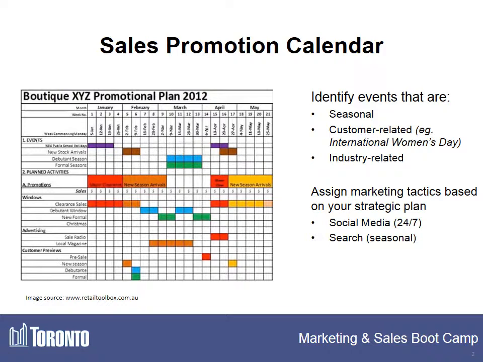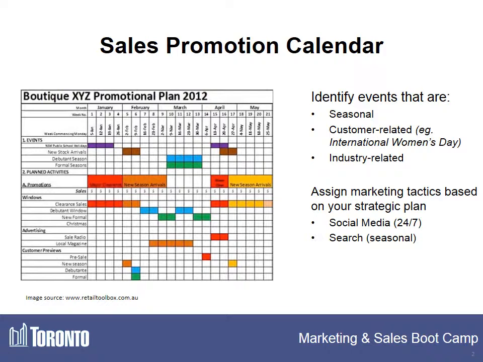So when you think about what those events are, if you're a retailer, you're probably going to have a lot more events because retail sales tend to be much more aggressive and seasonal based. But if you offer professional services, you might be more selective. For example, if you're an accountant and RSP season or tax season is coming up, that's definitely a time where you want to be aggressive in marketing your services.